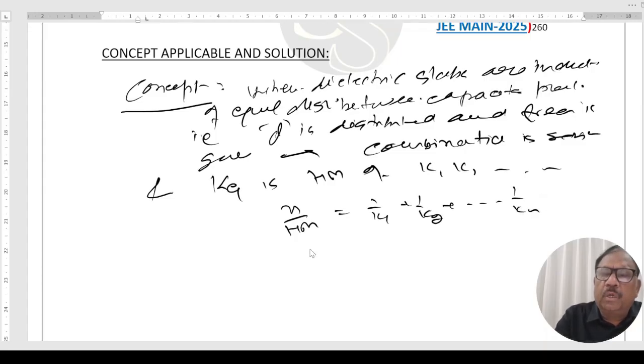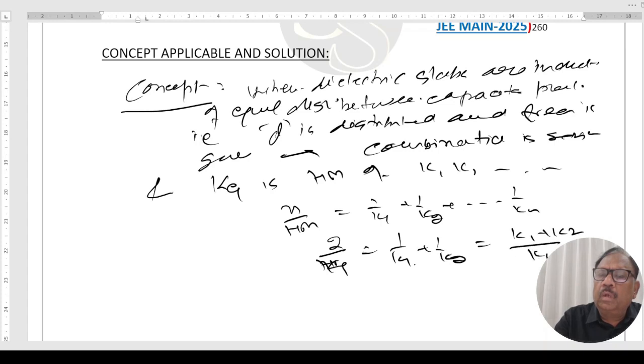In this case, 2 are there. So 2 over harmonic mean K equivalent will be equal to 1 over K1 plus 1 over K2, equal to K1 plus K2 divided by K1 K2. Therefore, K equivalent will be equal to twice K1 K2 divided by K1 plus K2.